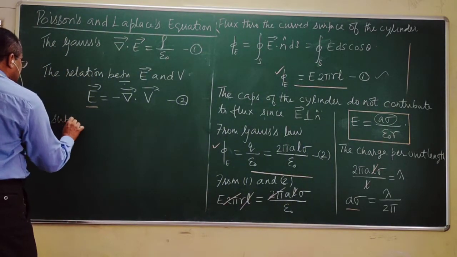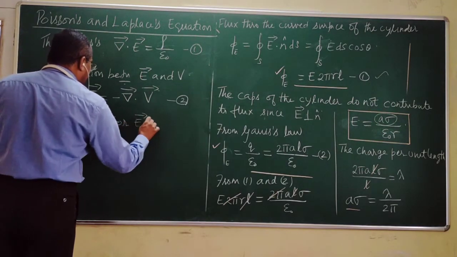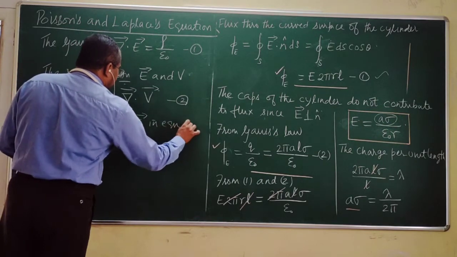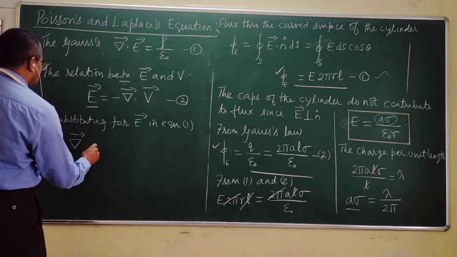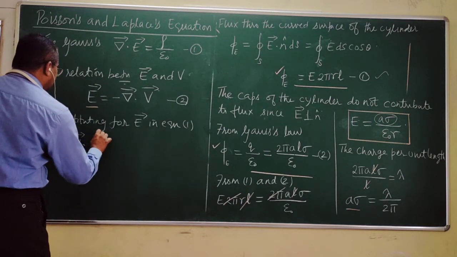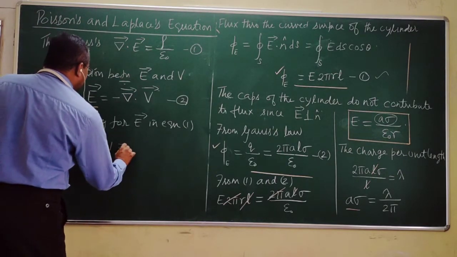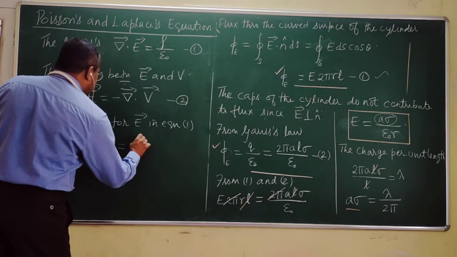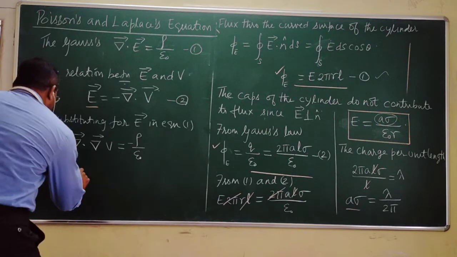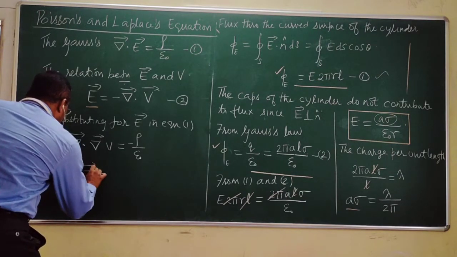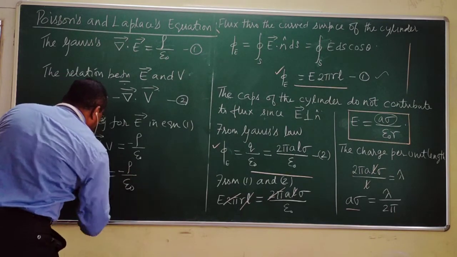Substituting for E in equation 1, we get del dot del V is equal to, a minus sign is there, I put a minus sign here, rho by epsilon naught. Therefore this becomes del squared V is equal to minus rho by epsilon naught.